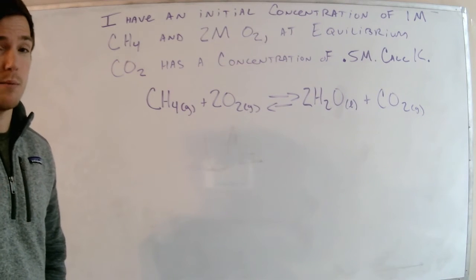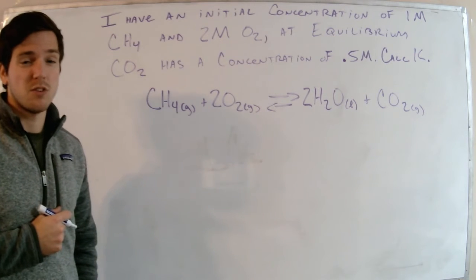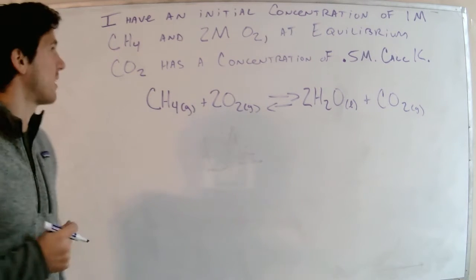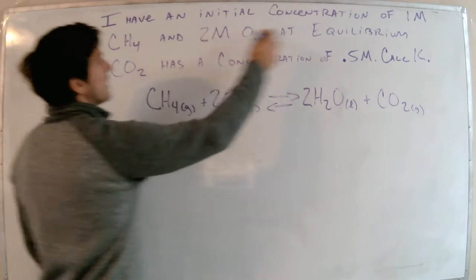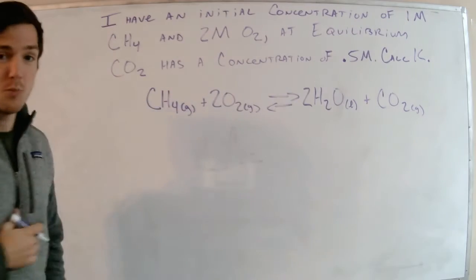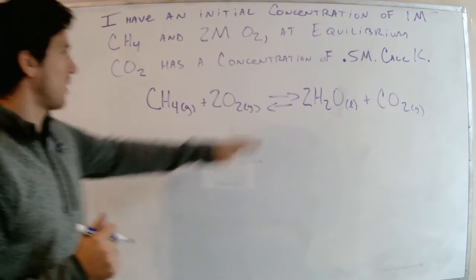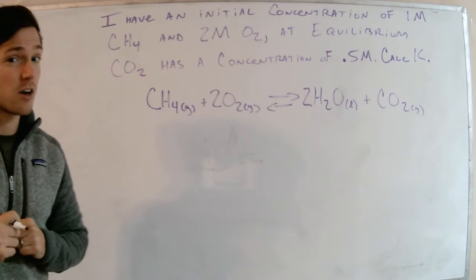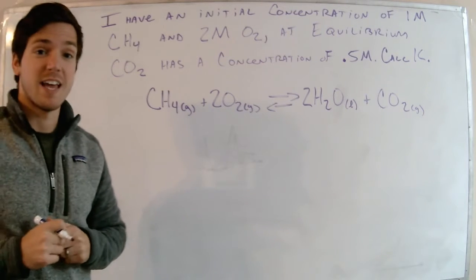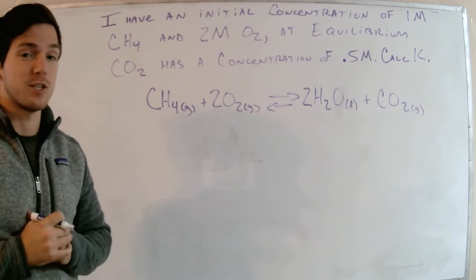But here's the problem. You can only plug those in when you have equilibrium concentrations. And unfortunately, we have 2 initial concentrations of 1 molar and 2 molar, and only 1 equilibrium concentration of 0.5 molar CO2. So you gotta start looking at your questions and seeing what actual concentrations they give you.